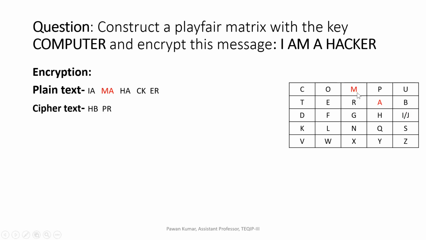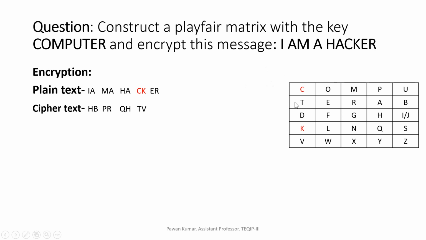Next MA: the same third rule is applied. The replacement of M will be P, and R will be the replacement of A. Then next is HA. We find that the letters are in the same column. That means the replacement of H will be Q and the replacement of A will be H, because the characters below will be the replacement of the plain text characters.